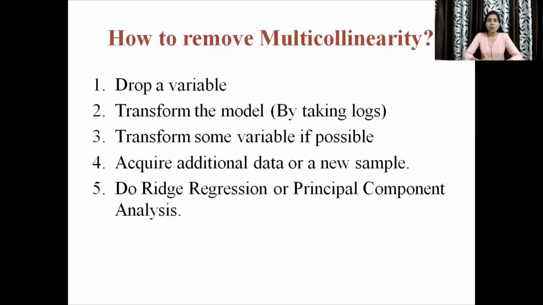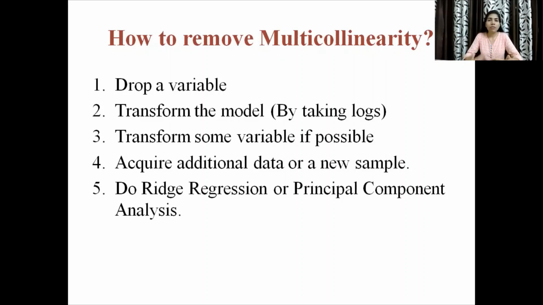Okay. So there are various ways in which you can remove or solve the problem of multicollinearity in your regression model. So these all methods are listed here. One of the ways is either you can drop one of the variables from your multiple regression model if that variable is not very important for your study, or you can transform your entire model by taking logs.